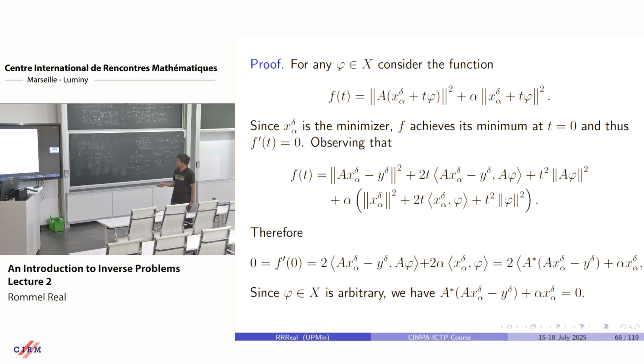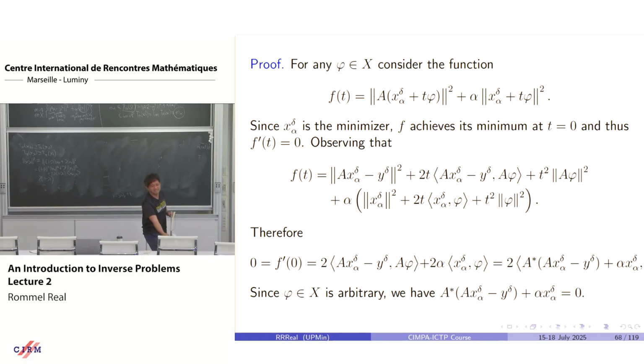So to prove that one, let's consider this line of proof here. So for any phi of x, let's consider the following function there. So that f sub alpha of x be equal to the value of the Tikhonov minimizer p sub alpha of x sub alpha delta plus t times phi.